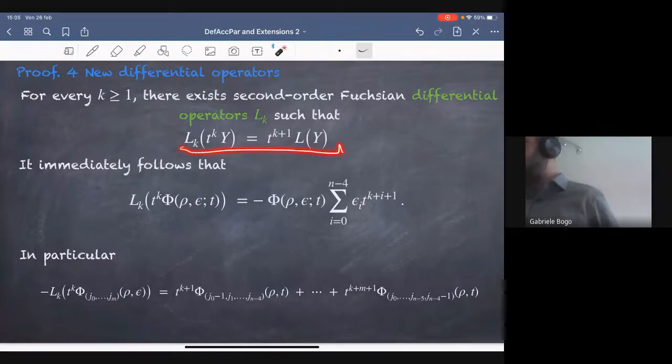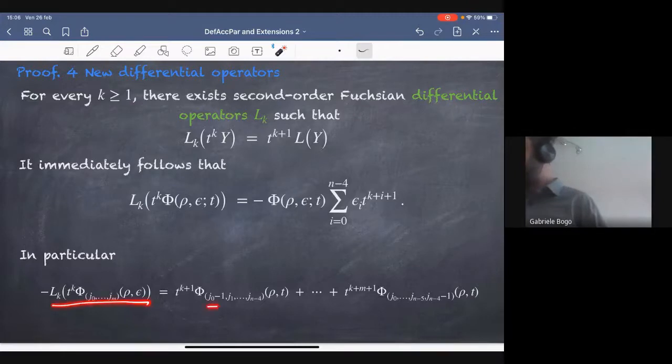They are Fuchsian, and they are defined by this property: L_k of t to the k times y is precisely L applied to y times t to the k plus 1. The action of these operators on the general power series that I showed before, multiplied by a power of t, acts like the operator that I defined before. And again, when you fix the index, this is just lowering the indices and multiplying by a certain power of t.